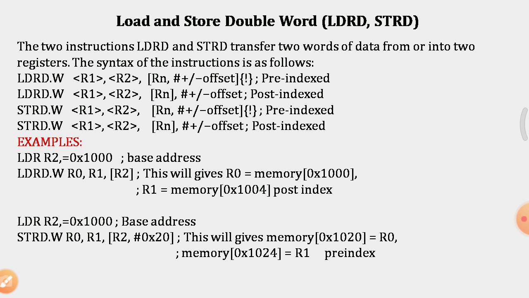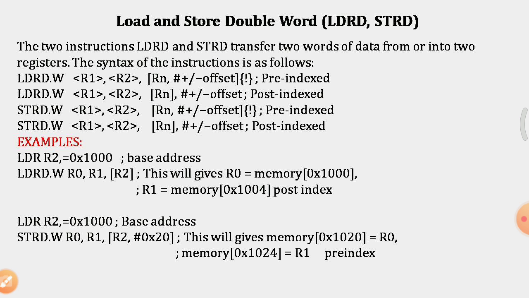The offset is 20. So pre-index first updates the base address with the offset and then stores the value of the register. So first R2 will be added with 20H, so it will become 1020.